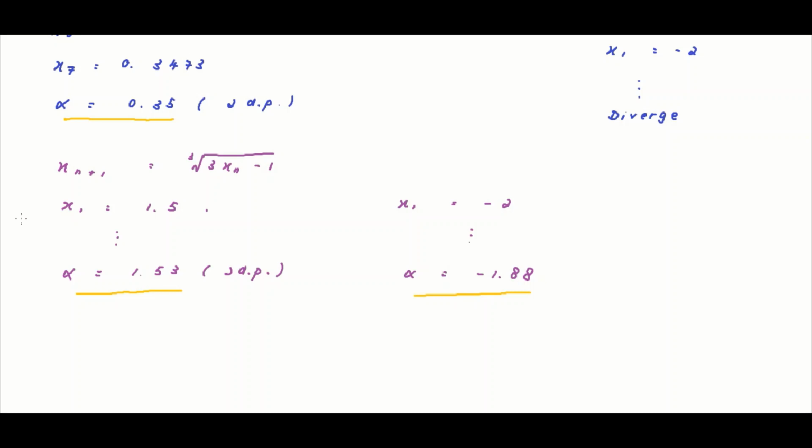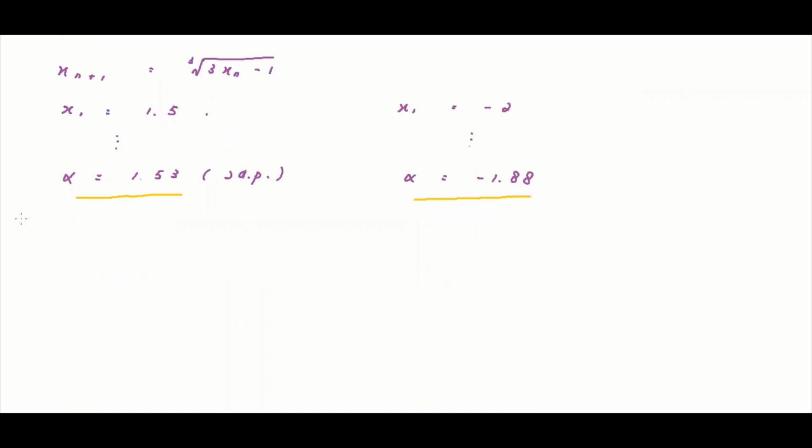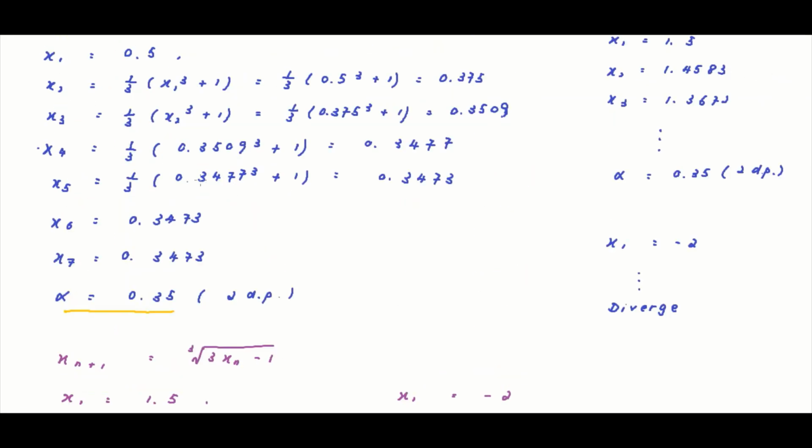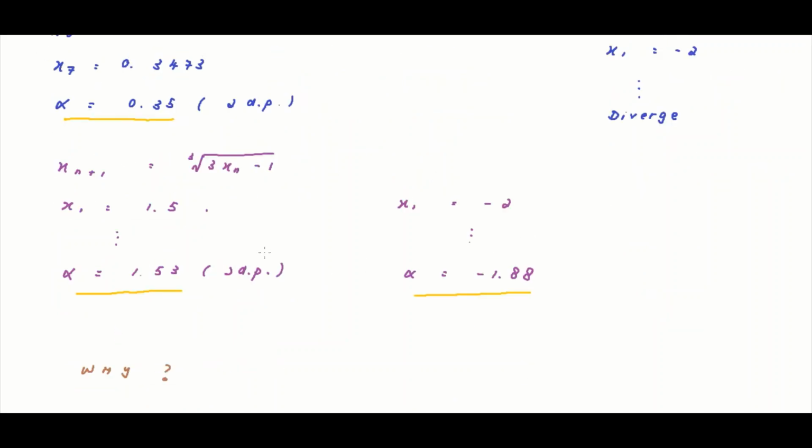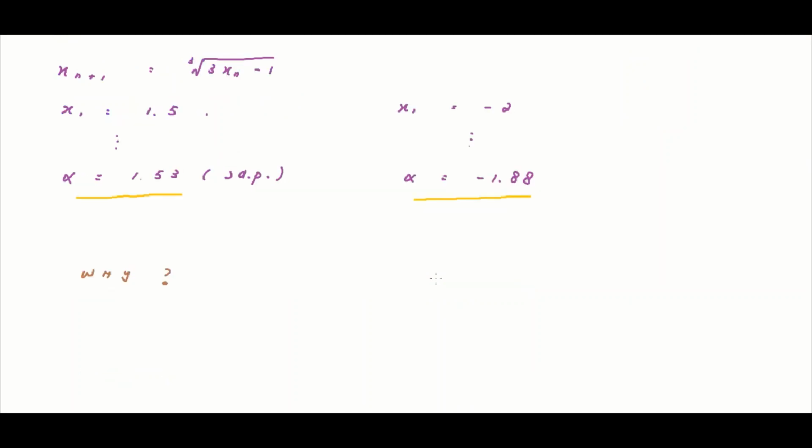Now I will proceed to the part where I try to explain why that is so. You might be curious why, for the first formula, the first root is successfully obtained but for the other one it fails, and why for the other one it becomes a success in this case.